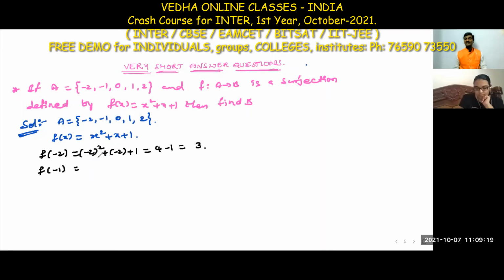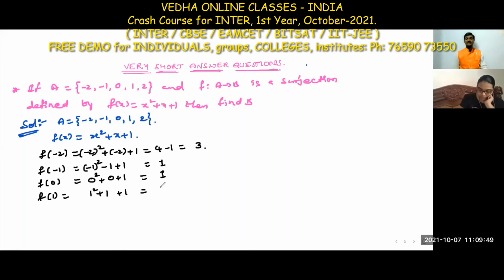Now substituting -1: -1 whole square plus x, that is -1, plus 1. We can cancel -1 and plus 1, so -1 whole square becomes 1. Now f of 0: substitute 0 in place of x, so 0 plus 0 plus 1 gives 1 only. Now substitute 1 in place of x: 1 square plus 1 plus 1, which is 3.